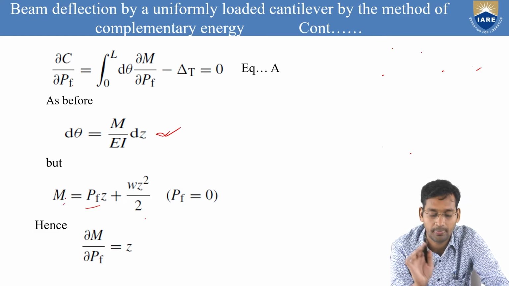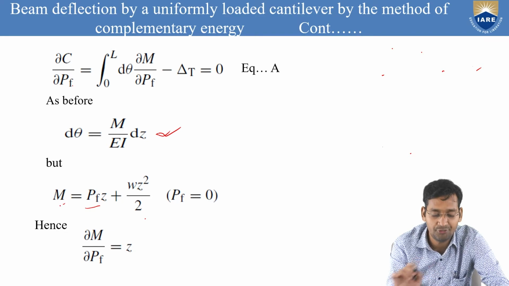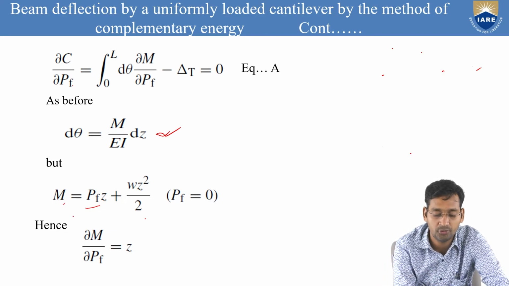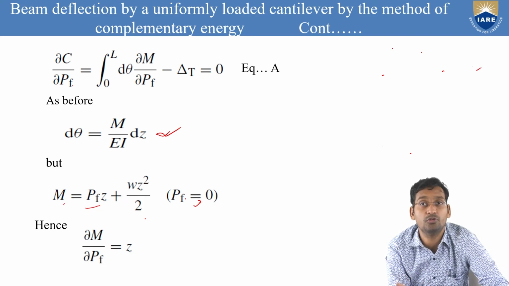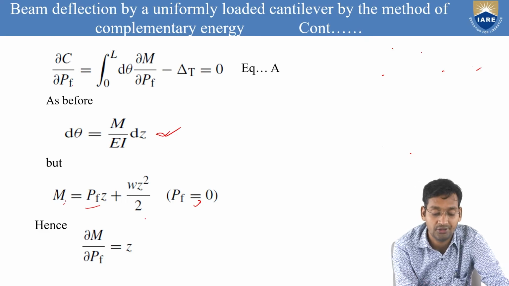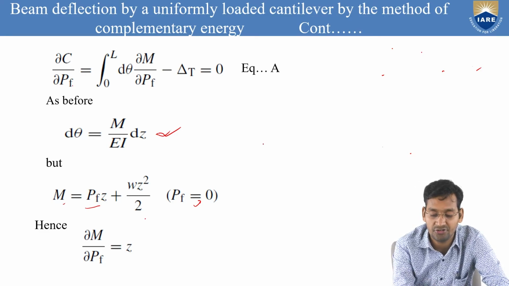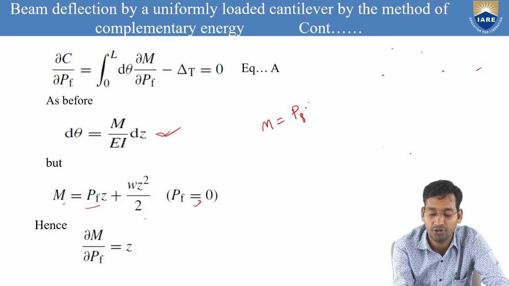So this is M. Next, when we differentiate this one, what will we get? Differentiating with respect to PF, this PF is not 0. Later we will take this as a reference, set to 0. Here if you put 0, then everything will be 0. So this PF is just for the fixed load, which we will assume as 0, right? So M equals what? M equals PF into z plus wz squared by 2.